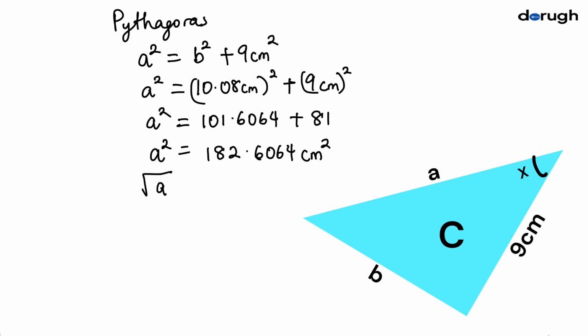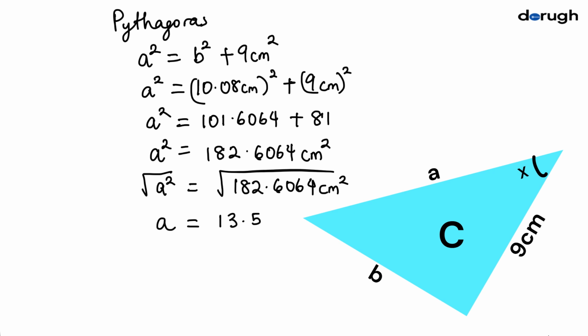If we find the square root of both sides, we'll have that A is 13.51 centimeters.